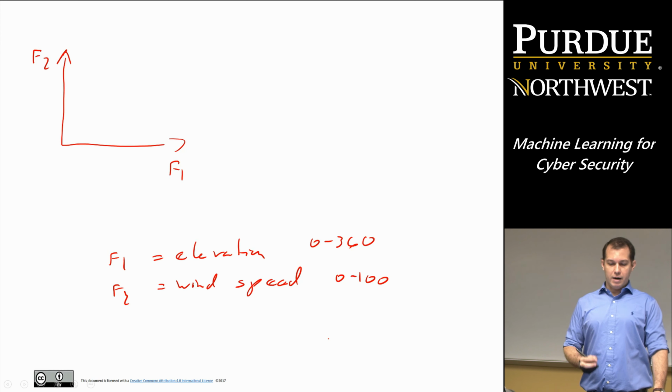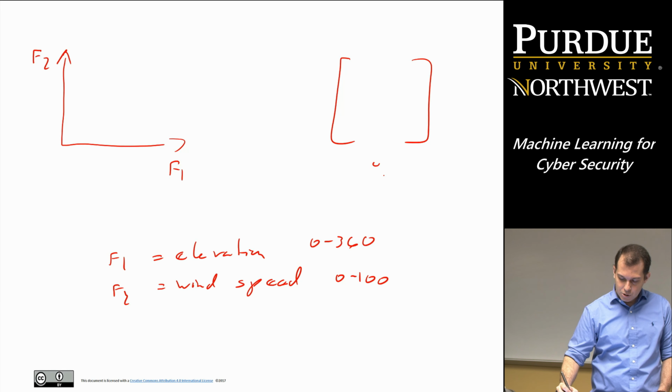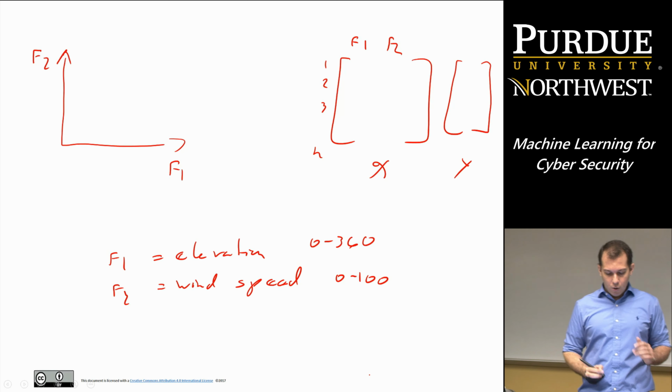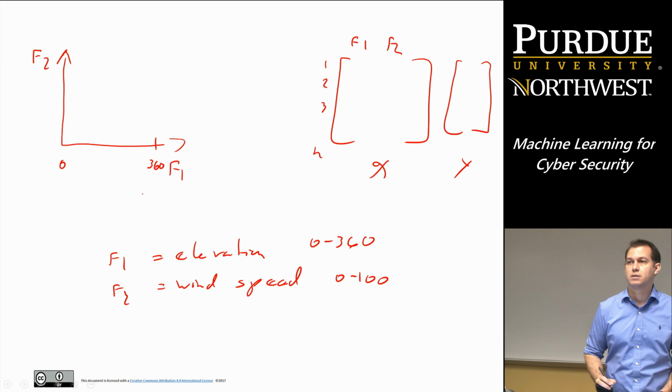All right, so what does that mean? The fact that this is x over here, f1, f2, and this is 1, 2, 3 to n, and the labels we're not really concerned with right now. That translates into plotting this here, right? So f1 is elevation, so it goes from 0 to 360.